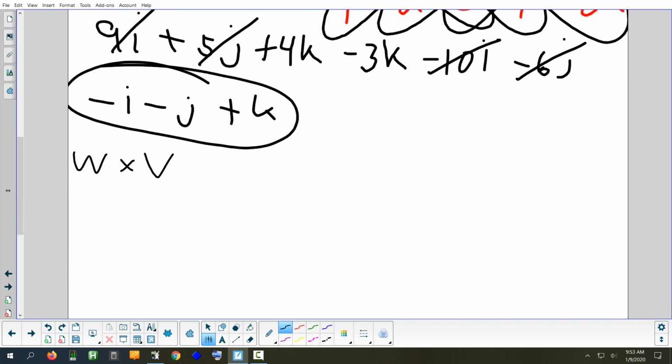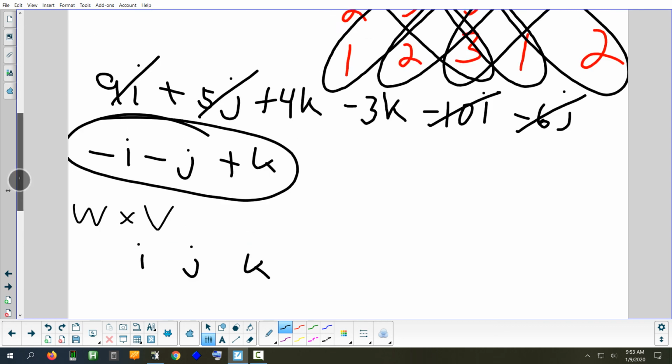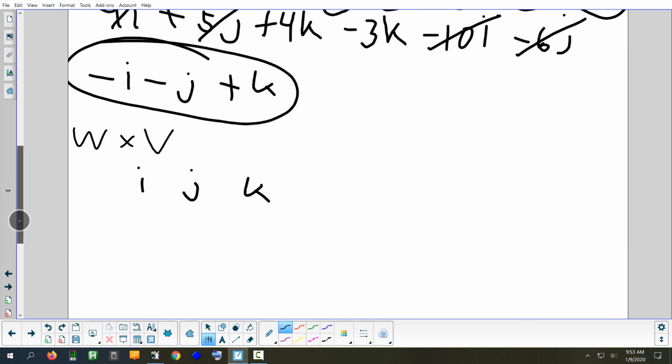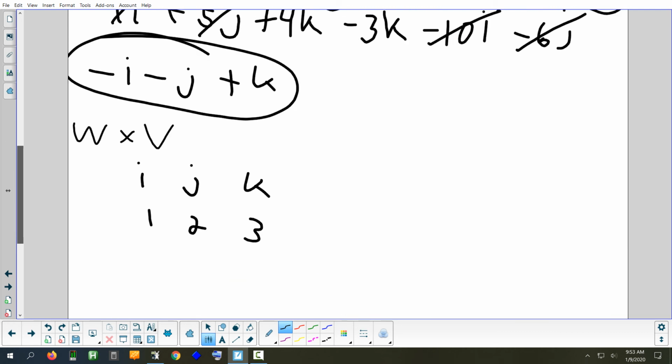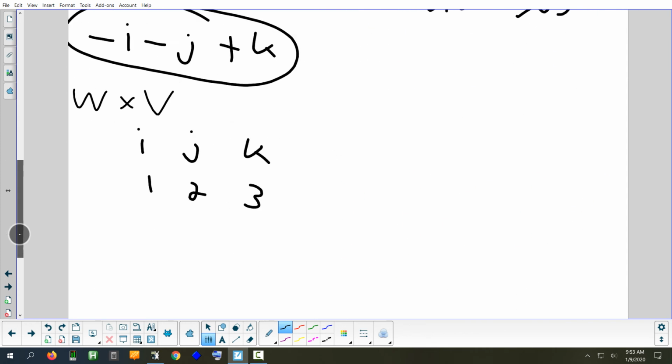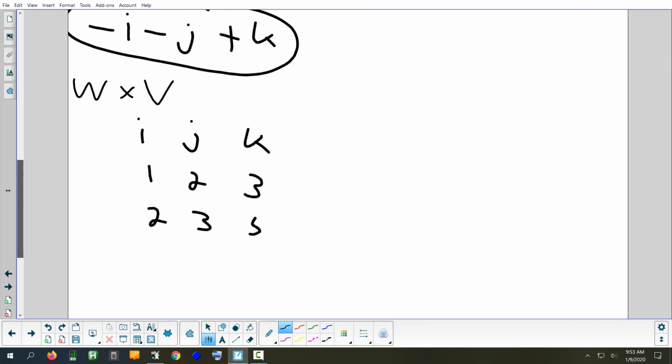First I, J, K. Now the next one is w, then v. What are my numbers from w? 1, 2, 3. And from v? 2, 3, 5.